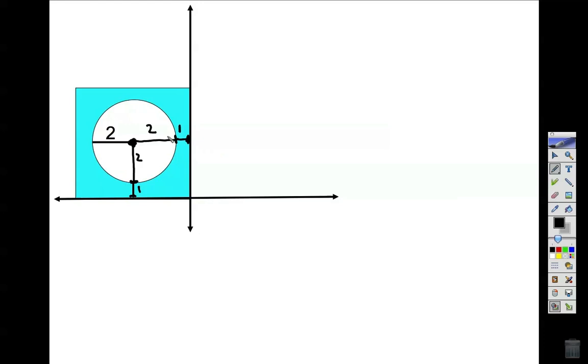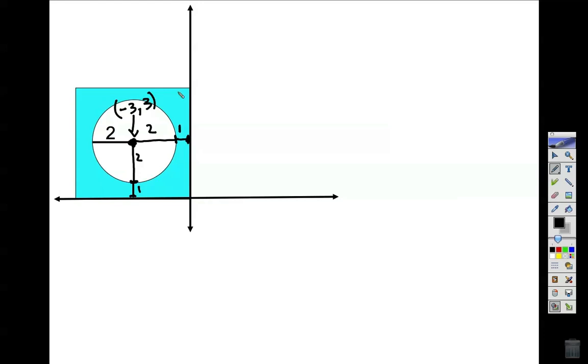We just need to use some knowledge based on geometry. So on the left side, 1 plus 2 is 3. The height is 2 plus 1, which is also 3. But again, on the left side, or the negative side of the x-axis, the centroid is at negative 3, comma 3. So it is in the same place as the square back here.